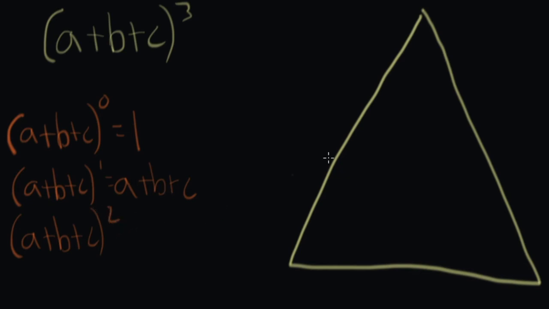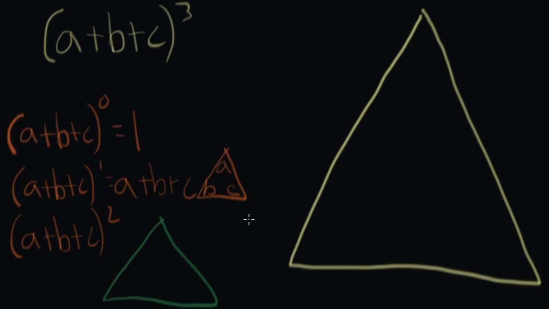If I did the second, I kind of get a mini triangle that would look like this. Actually, maybe take a step backwards. What would the first power look like? Well, it would look like this, so A, B, and C, just in the corners there. And we're going to use this idea.